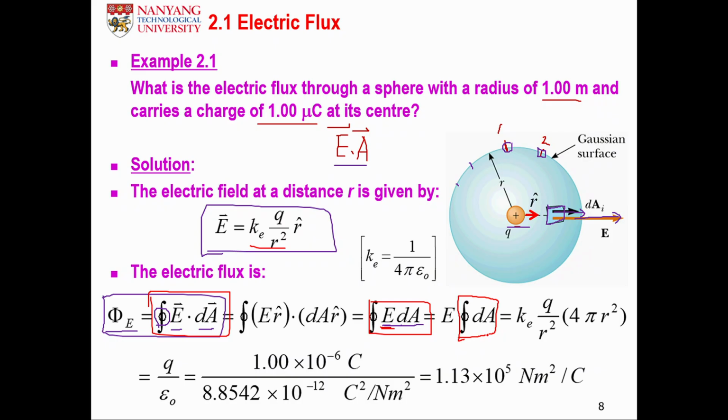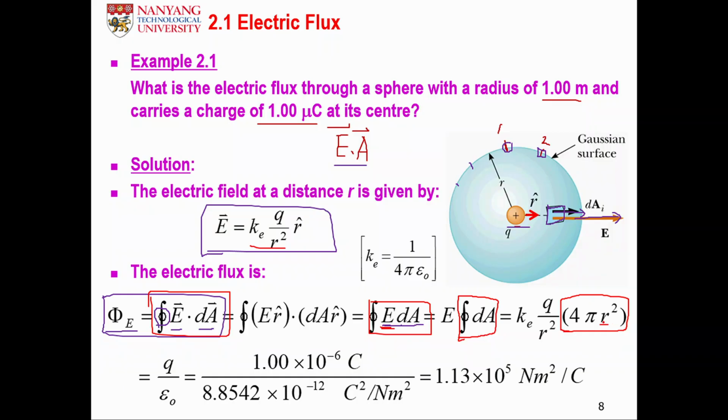And the integration of dA along this entire sphere is basically the surface area of the sphere with radius r, 4 pi r squared. Right?